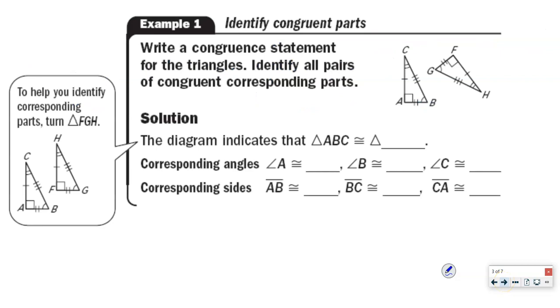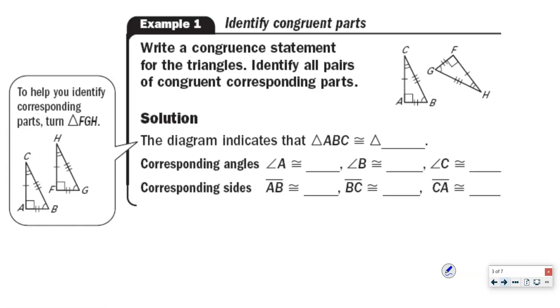So example number 1, identifying congruent parts. We need to write a congruence statement for the triangles and identify all pairs of congruent corresponding parts. So we have our two triangles here on the right, and you can see they're not in the same position. One of them's kind of on its side or almost upside down.